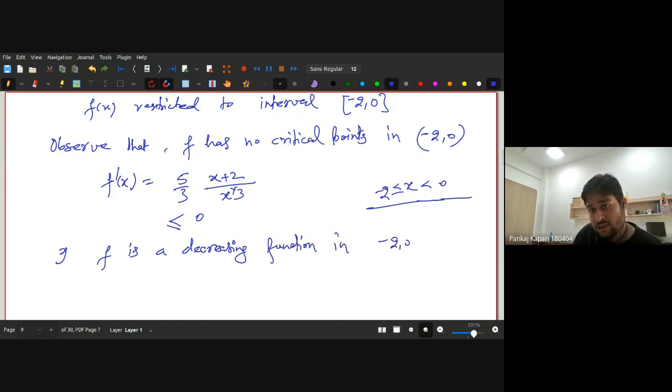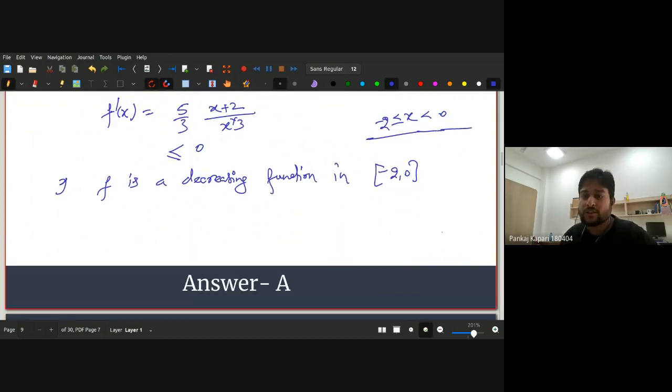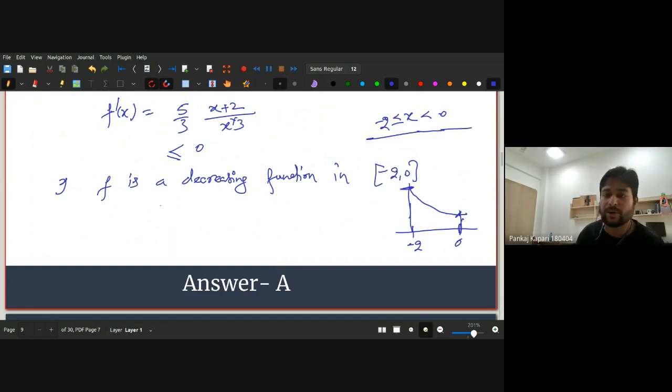The function just decreases from one point to another. From the graph you can also see that -2 has to be the point of absolute maxima, and 0 is the point of absolute minima, right?